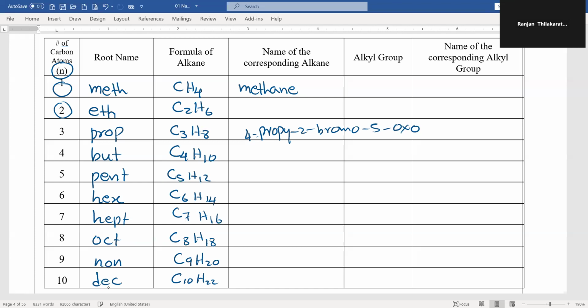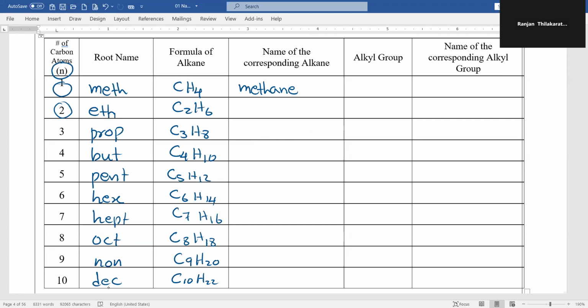See, no gaps in between. We don't leave space in between any name. You can put a hyphen to separate number and name, and you have to continue as a single word. You will practice how to read them.